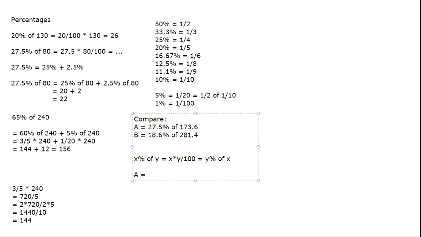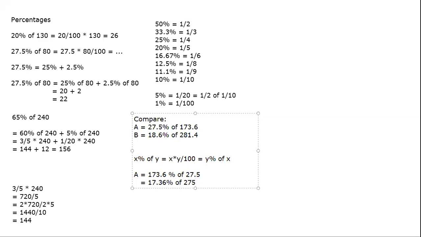So what we do is for A, I change directly to 173.6% of 27.5. That's valid. Same thing. Now after all, these two are going to be multiplied, so I divide this one by 10 and write it as 17.36% of, and multiply that 10 here and write 275.